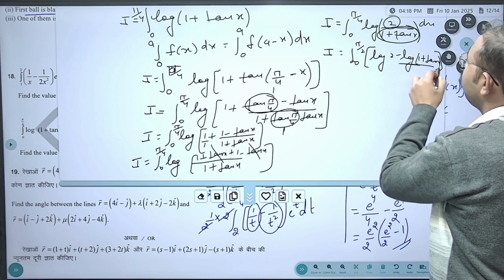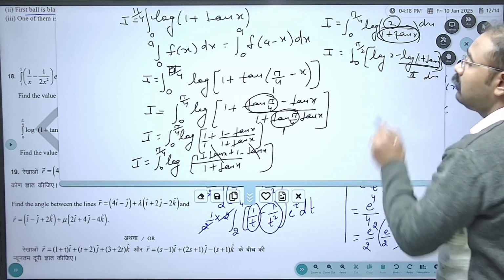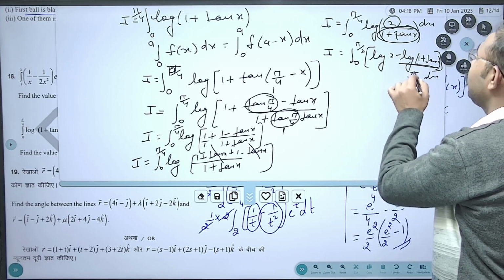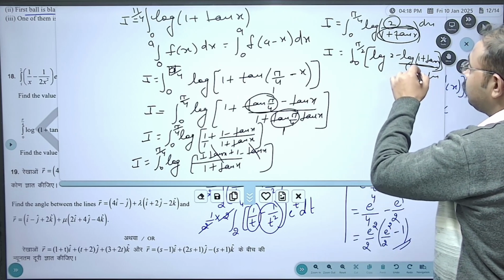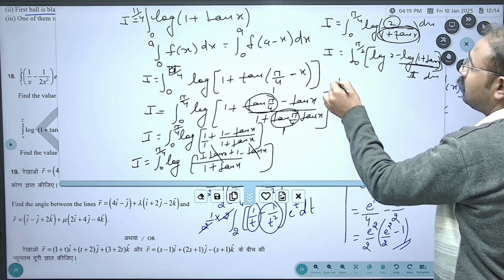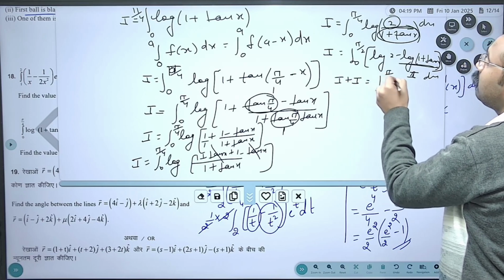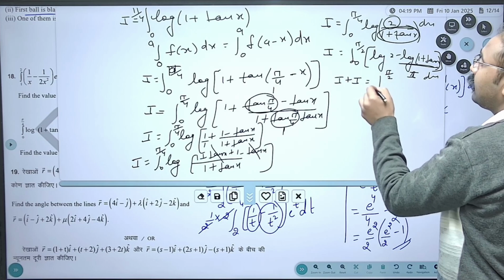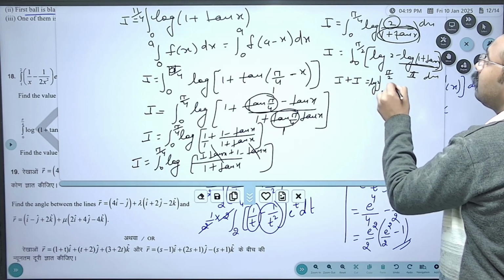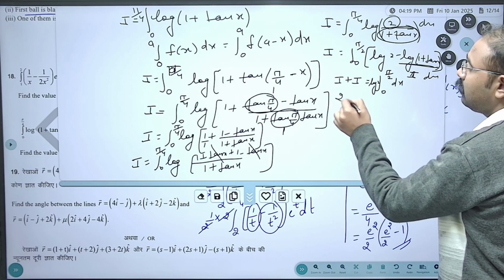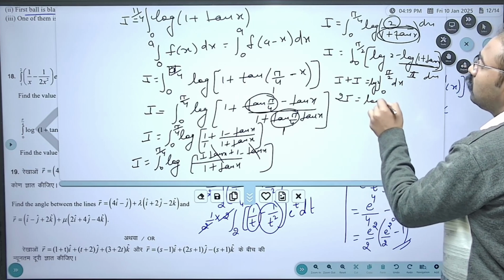This log 1 plus tan x is our I, our question. So at the place of log 1 plus tan x, I can put I, and by transposing this I to that side, it will give us I plus I, and now 0 to pi by 4. Log 2 we can take outside, and here we will have only dx. I plus I, 2I is equal to log 2.